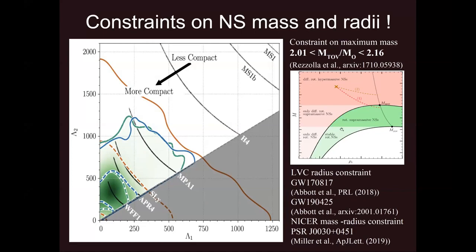So the trajectory of the early evolution of the binary should at least cross just below the maximum mass of the rigidly rotating supermassive neutron star at the Kepler frequency, which forms after the merger. From this, one can derive an upper limit on the maximum mass, which is a very important constraint.